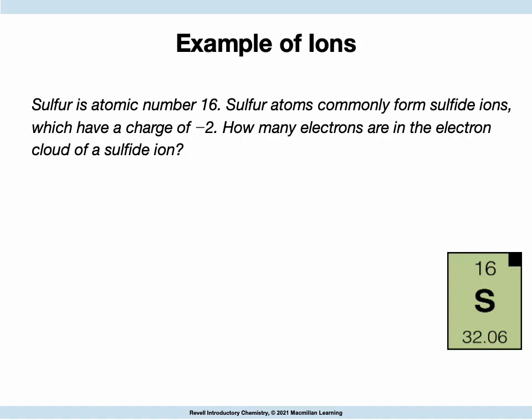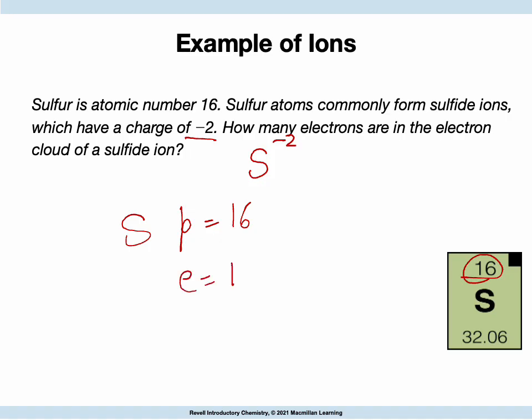Example like this: sulfur is atomic number 16. Sulfur atoms commonly form sulfide ions, which have a charge of -2. How many electrons are in the electron cloud of sulfide ions? So sulfide has a charge of -2, and the question is asking how many electrons. First, if it was S, the number of protons is 16. How do we know it? From the periodic table.